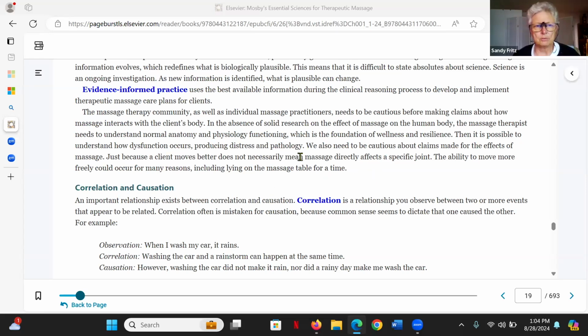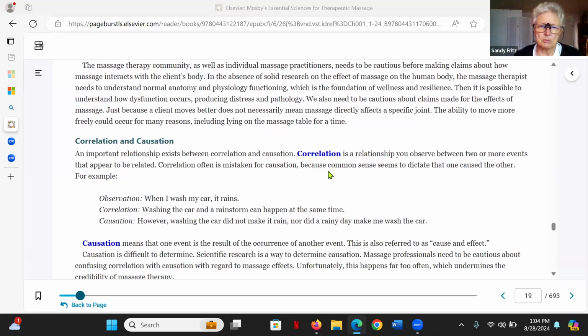It's all involved with that. One of the things that I think is really important as we look at this is the relationship between correlation and causation. Just because two things happen at the same time does not mean that one caused the other.